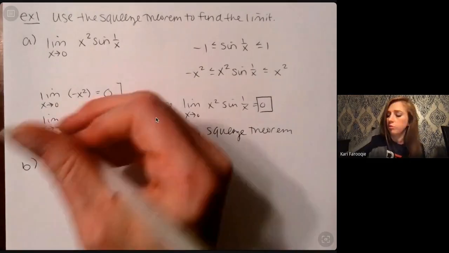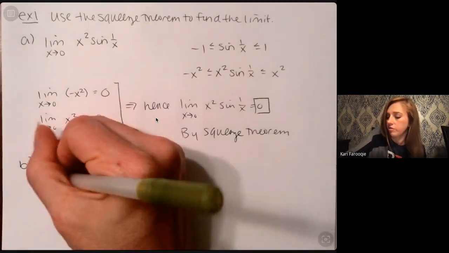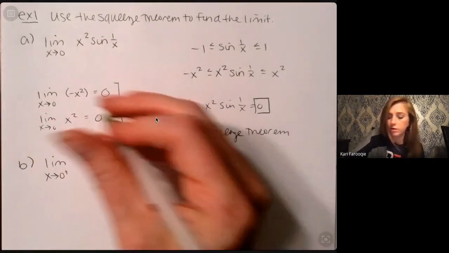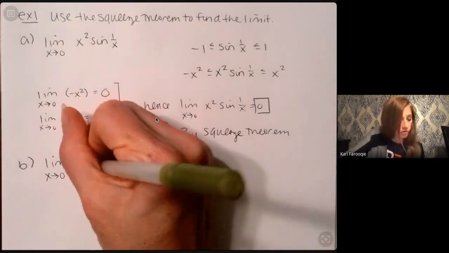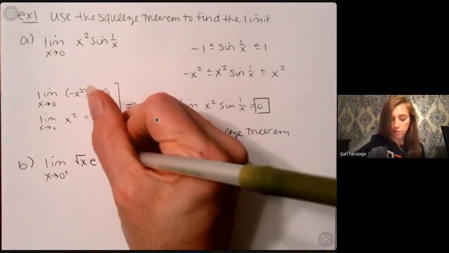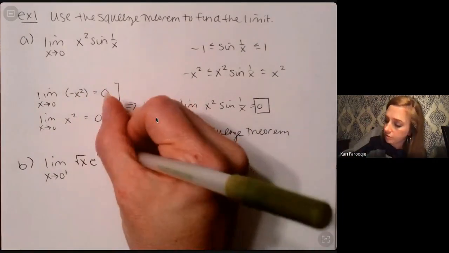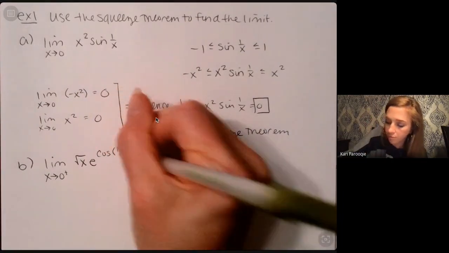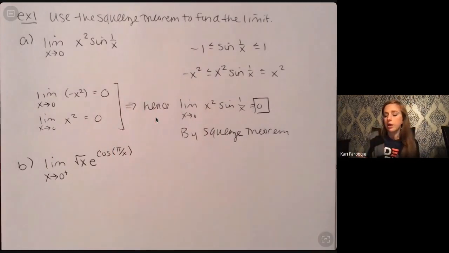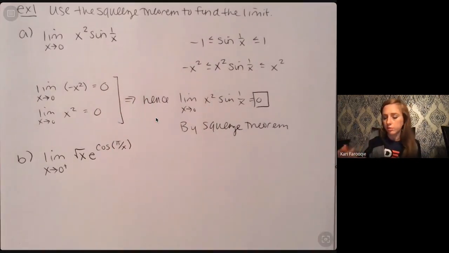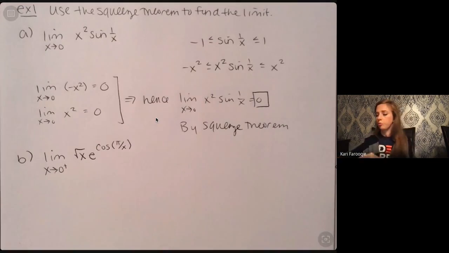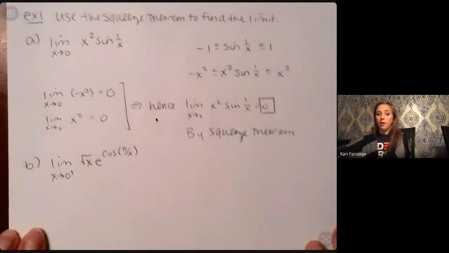So the next one would be the limit as x approaches 0 from the right of the square root of x times e to the cosine of pi over x. And again, don't be intimidated by the fact that we're approaching 0 from the right.